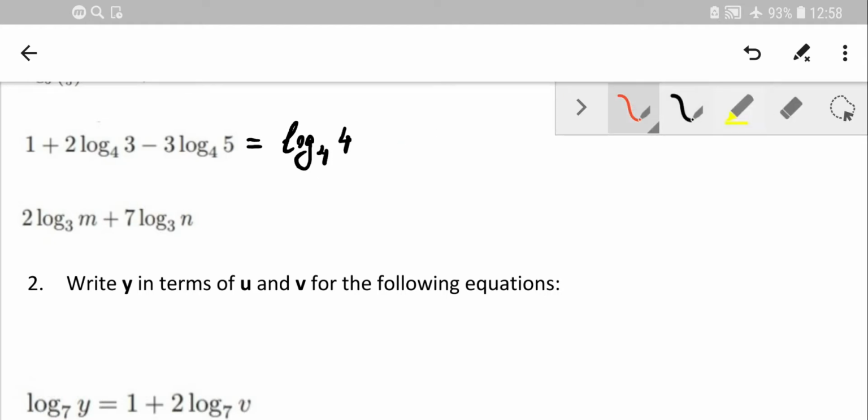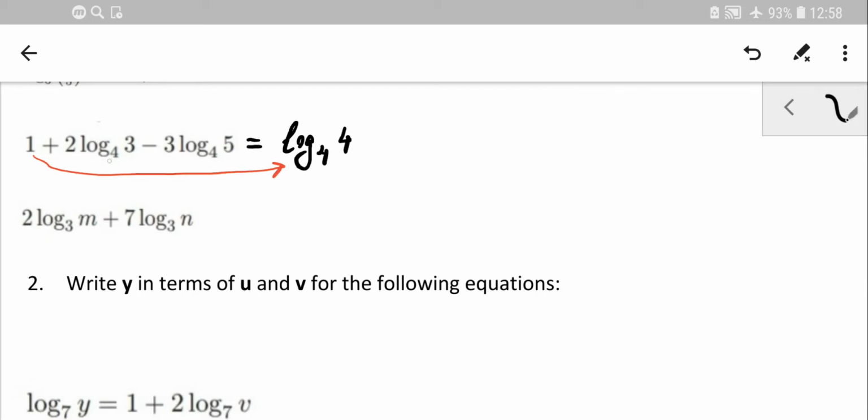I just rearrange that: 1 is log base 4 of 4. Why? Because everywhere we have log with the base 4, and that will be helpful. So try to retain the same base as you have everywhere for logs in the expression.